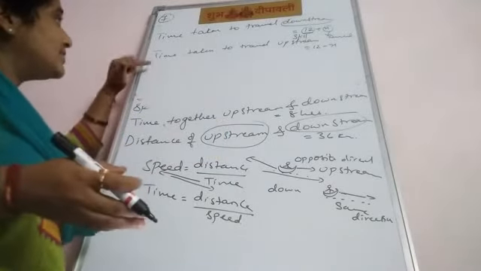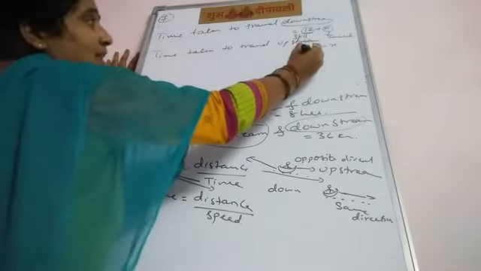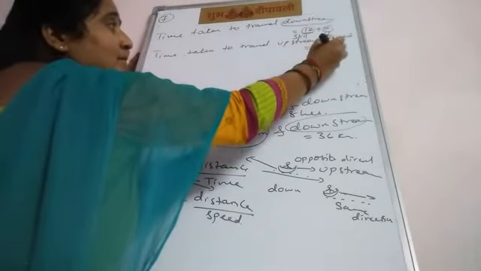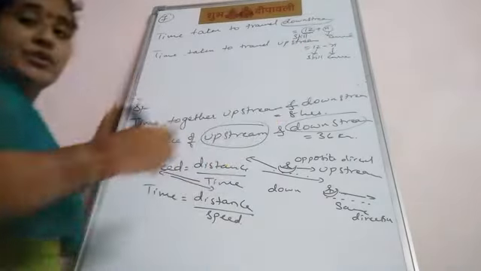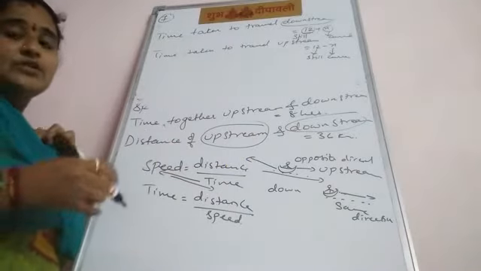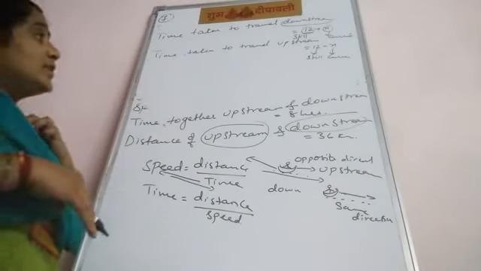Now the second step: time taken to travel upstream. 12 minus x. See here, still water minus current water. You can't write current water minus still water, because water is always flowing and you can't get the right answer.